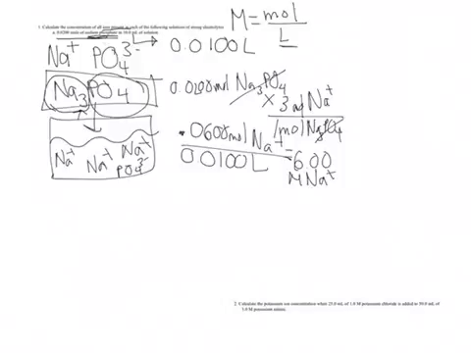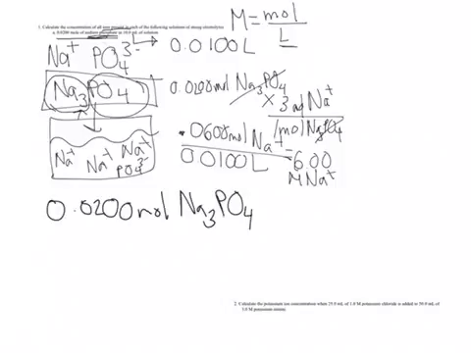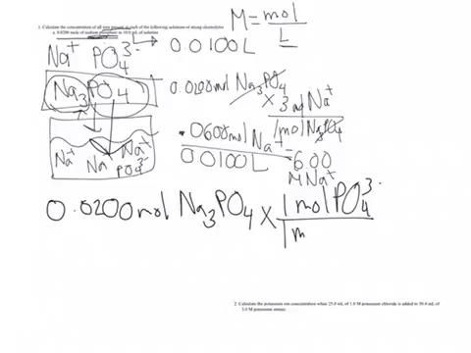So here we go. Same idea. We know that this is how many moles of sodium phosphate we are given. We also know when sodium phosphate splits apart, when it dissociates in water, we get 1 mole of the phosphate ion for every 1 mole of the whole sodium phosphate compound.